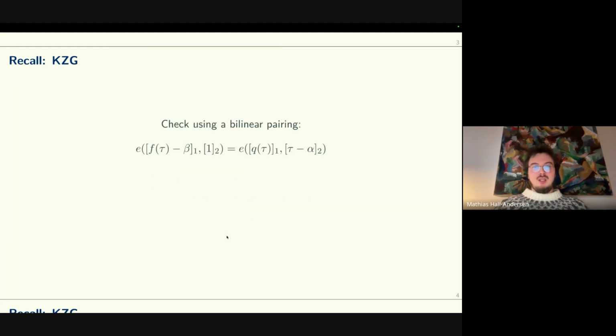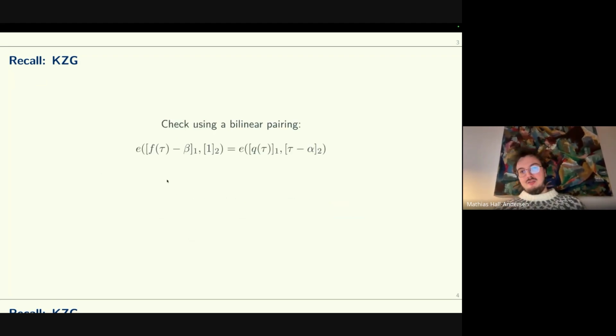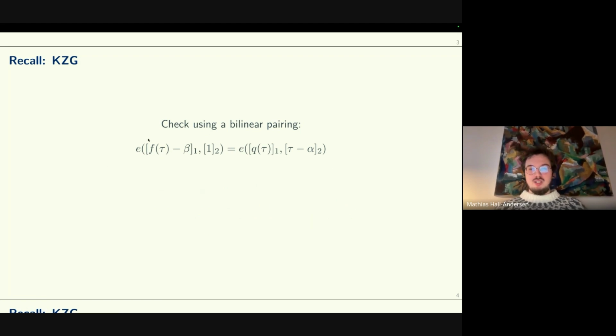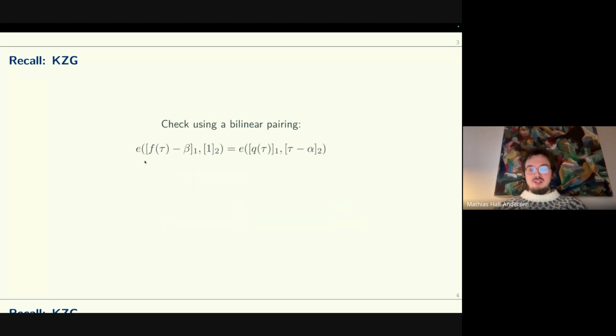The idea behind KZG is that I take this probabilistic statement, fix some tau, and use a bilinear pairing to check this multiplicative relation over the field. Thankfully, I have this wonderful tool called a bilinear pairing that allows me to check exactly one multiplication.